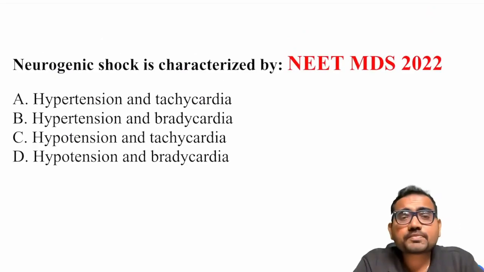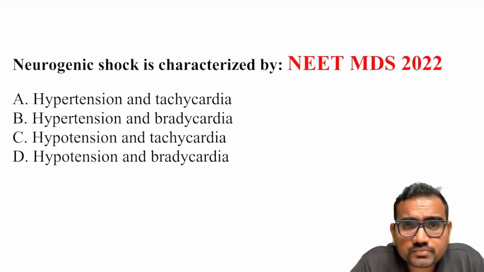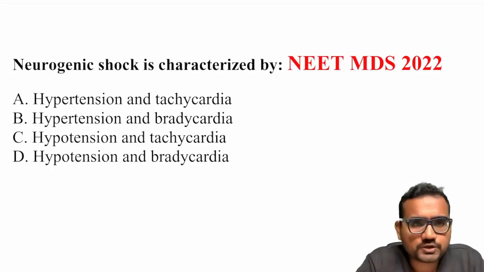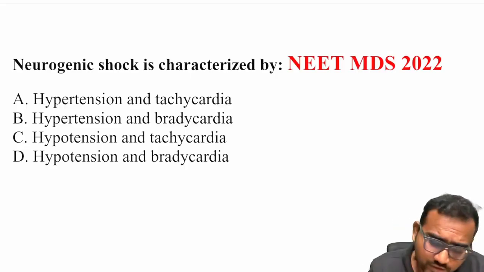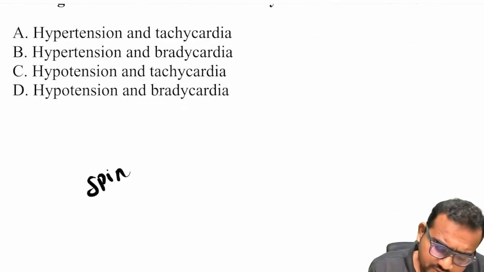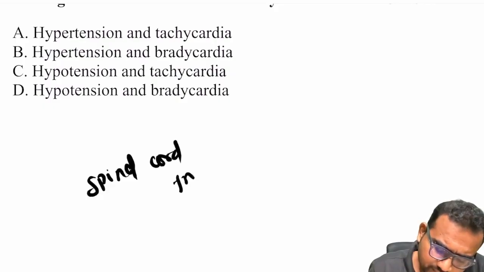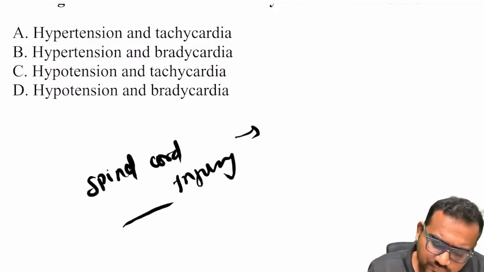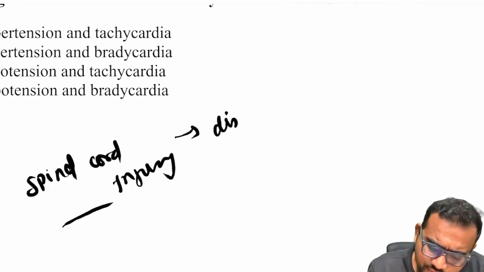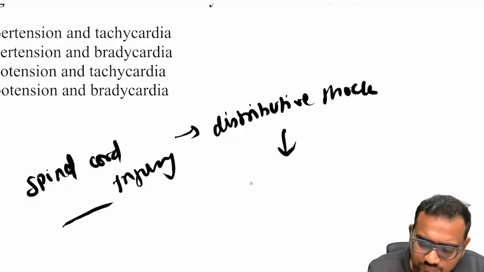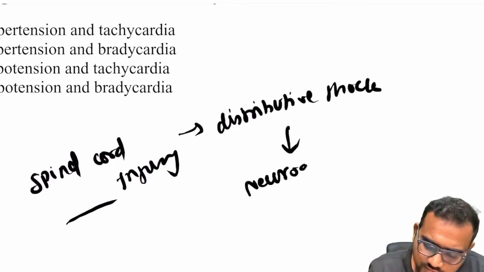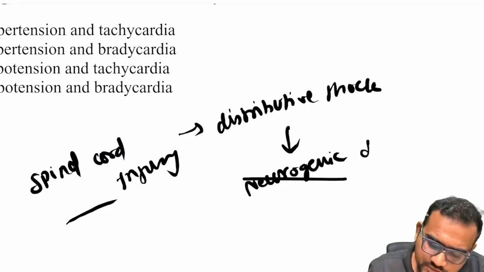Moving on to the next question. Neurogenic shock is characterized by... So neurogenic shock is basically a distributive shock. And it occurs in cases of spinal cord injury. So whenever the patient is having spinal cord injury, there's going to be distributive shock, which results in neurogenic disturbances.